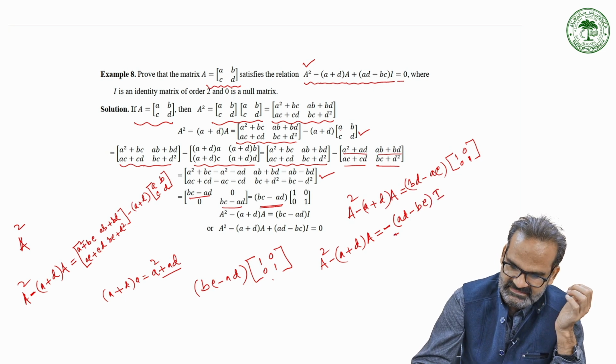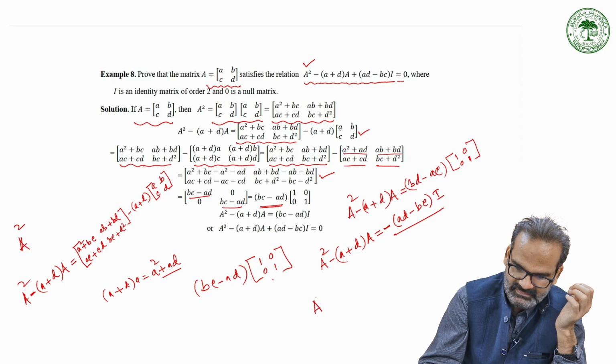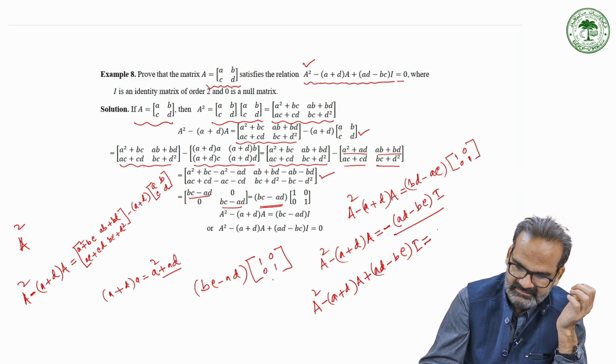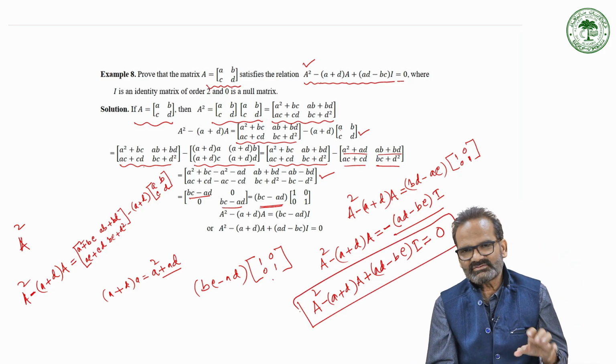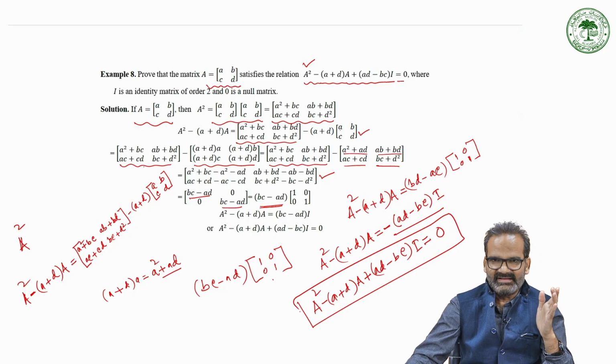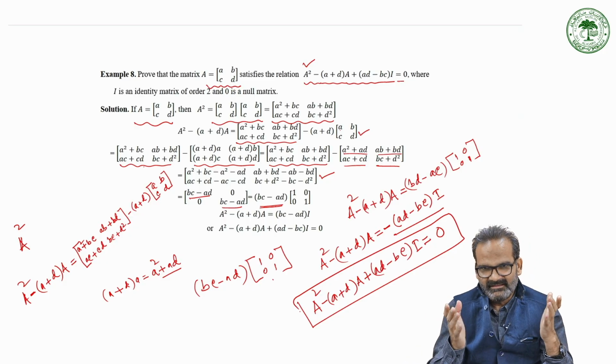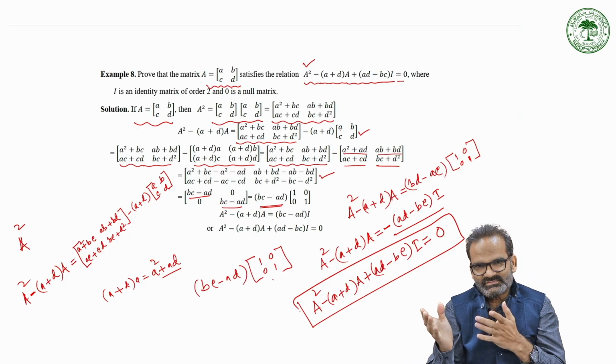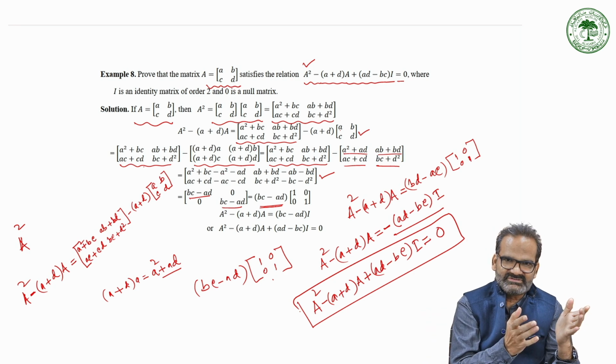Now transfer this term from right to left. So what you will get: A square minus (A plus D) of A plus (AD minus BC) of identity is equal to 0. This is very similar to the equations we solved in general for variables, where we show that x equals 1 is the root of the given equation.